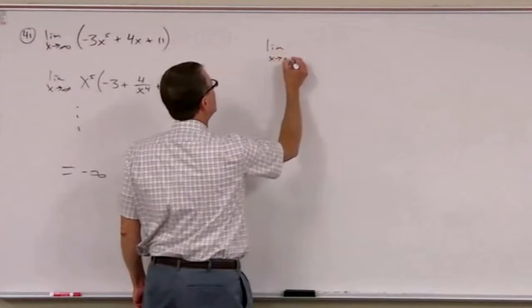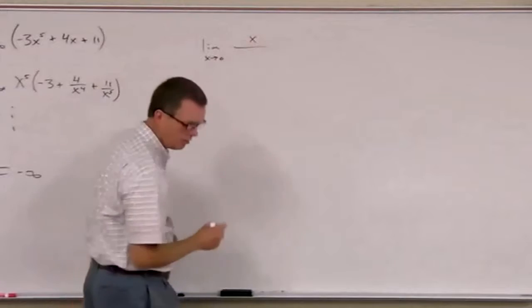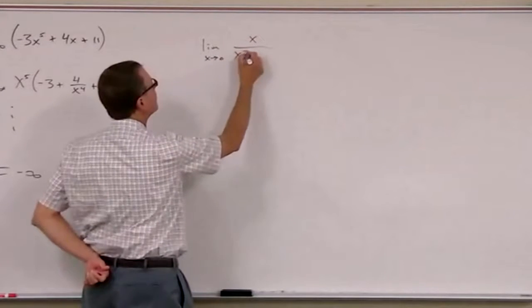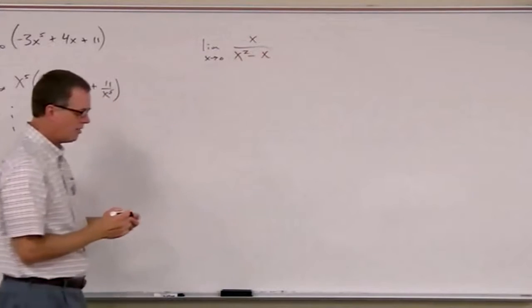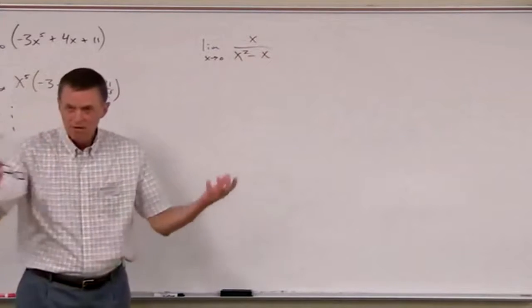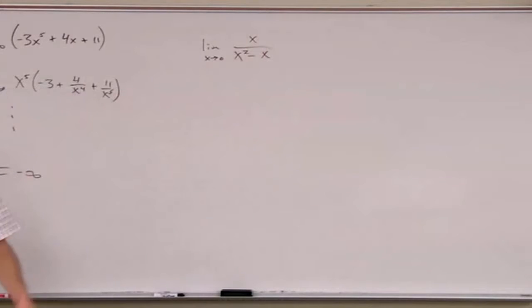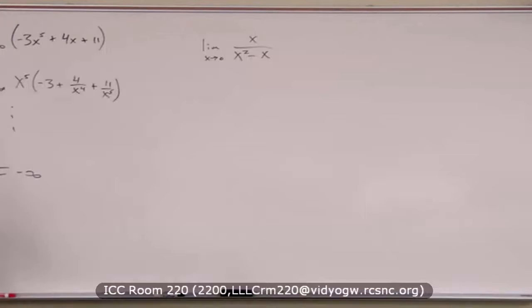x goes to 0, x over x squared minus x. Okay, so what do you think about this one? What's the first thing you want to try? x times 1 over x squared minus x.